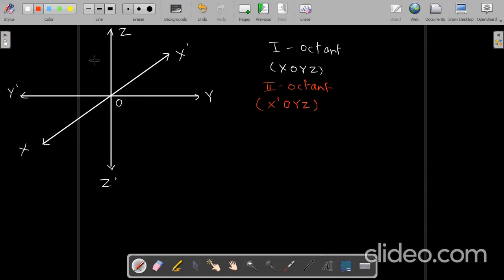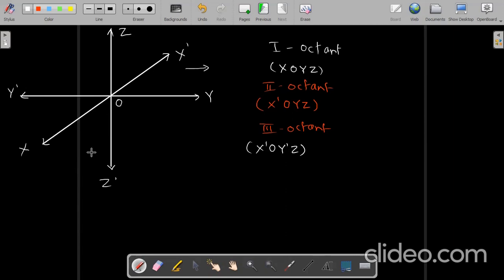Now go to the left side for the third octant. The third octant, similarly, this length will be the same: X dash O Y dash Z. So are you understanding? X dash O Y dash Z. This is our third octant. We are moving in the front. This means first floor.